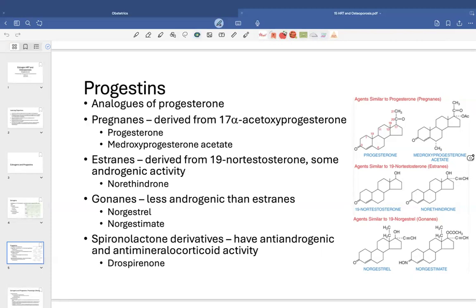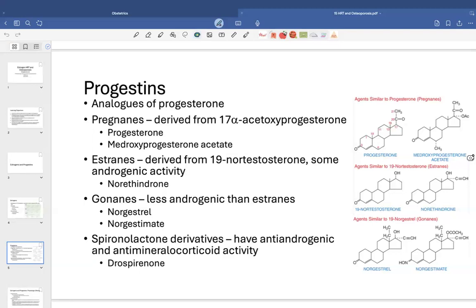And they have a very close structural similarity to androgens. In particular, the estranes, this group here, have a structure so close to androgens that they have overlapping activity.